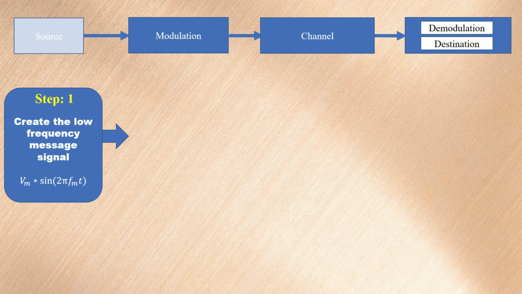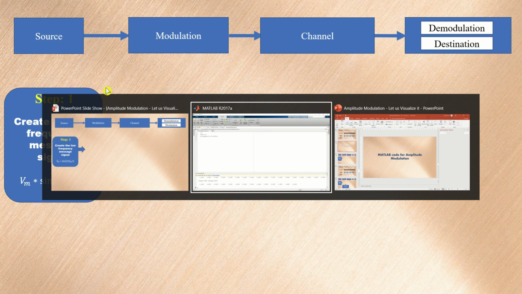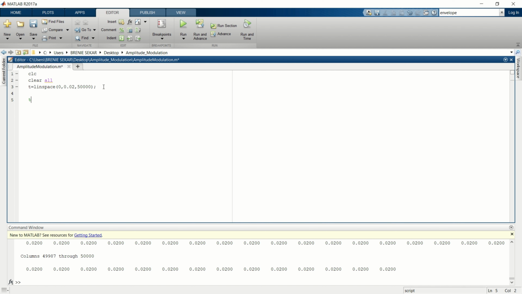We know the first step is creating the low frequency message signal. So step 1, message signal. Let the amplitude of the message signal be 7 and the frequency of the message signal be 200.